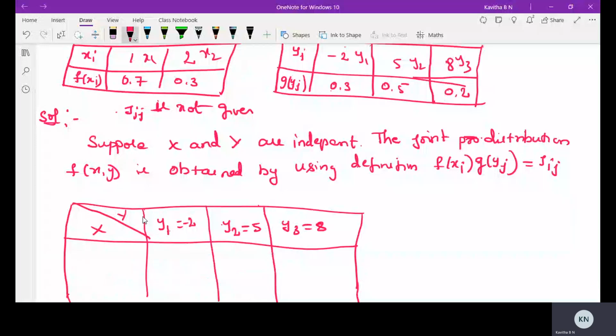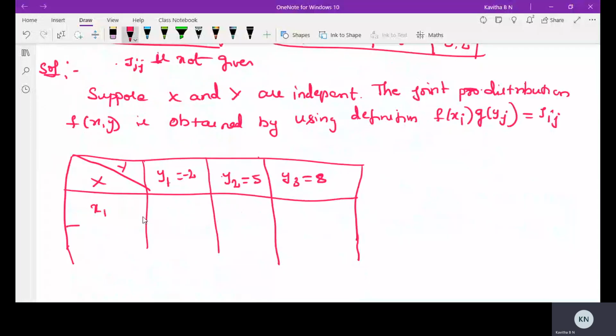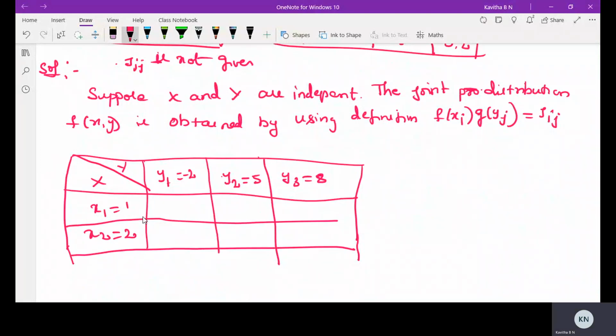Column wise we are writing the x values: x1 is equal to 1 and x2 is equal to 2.